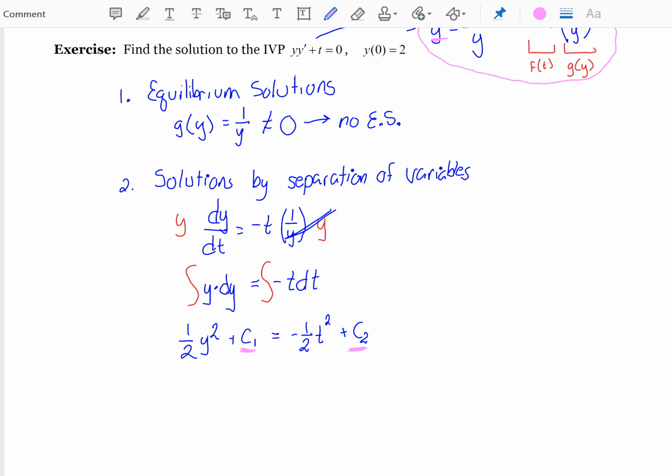I'm just going to recognize that when we look at C2 minus C1, this is just going to be some other constant that I'd like to call C. So I won't keep track of which C this is. I will not call it C3. I'm just going to refer to it as a constant. So now we'll have 1/2 y squared equals negative 1/2 t squared plus some constant.